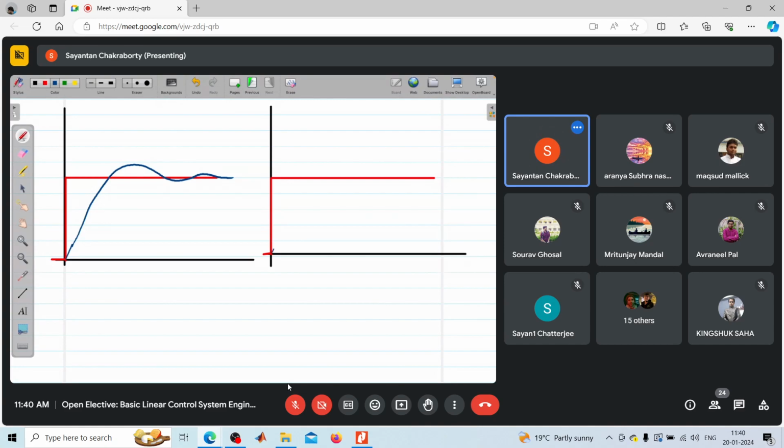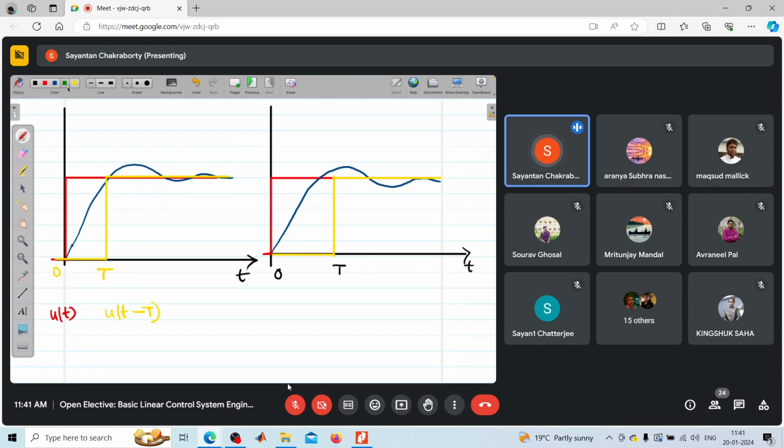And here also, the response is something like this. Now, if we shift the input by an amount T, any amount T, in both cases, on the time axis, this is 0, this is T. So now this signal is shifted by T. Initially the signal was u(t), and now we have given u(t minus T).